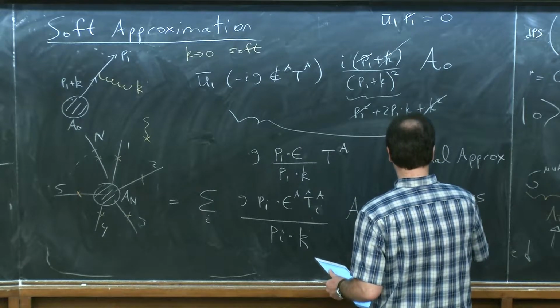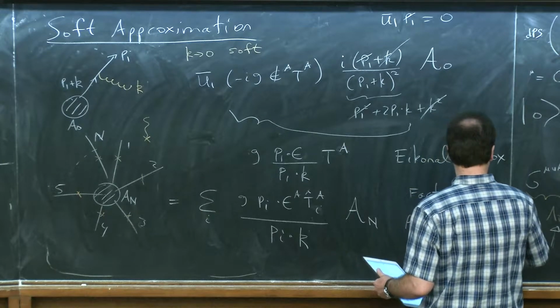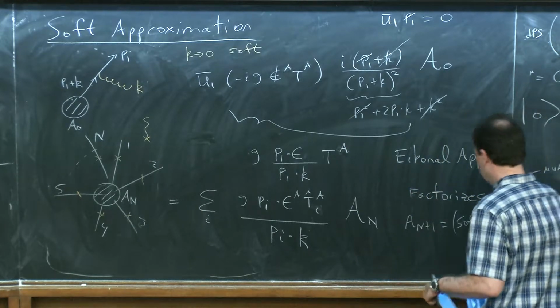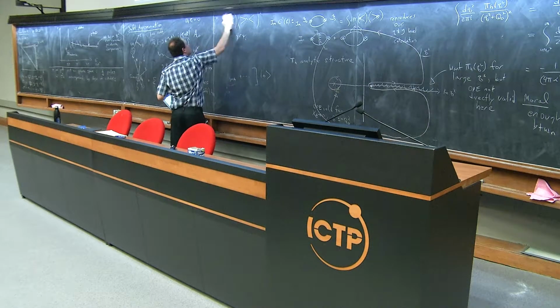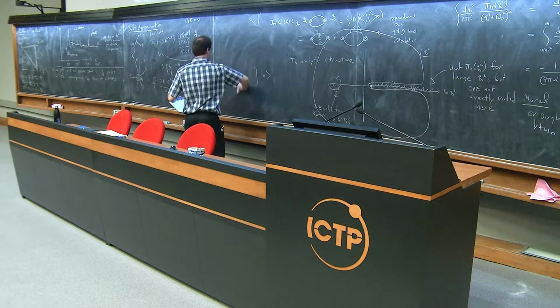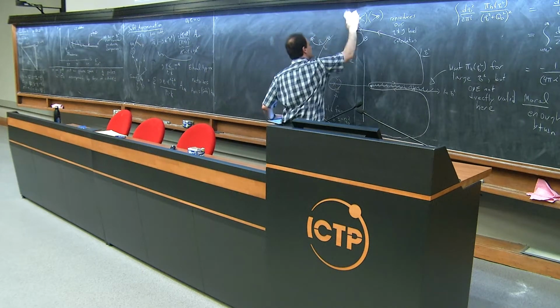So there's amplitude n plus 1, soft factor, times amplitude n. And in this soft factor, there are non-trivial color correlations that are determined by these T matrices. So it's not completely just a multiplicative thing. There's some color correlations encoded in those T's.